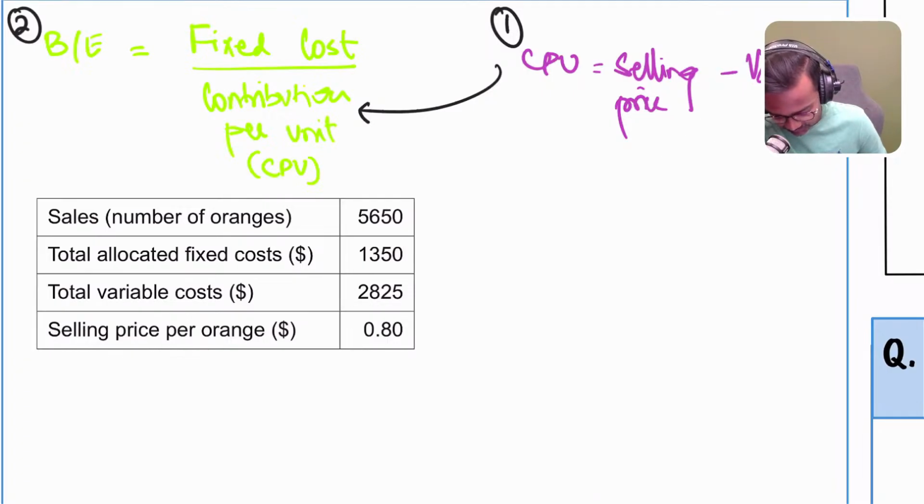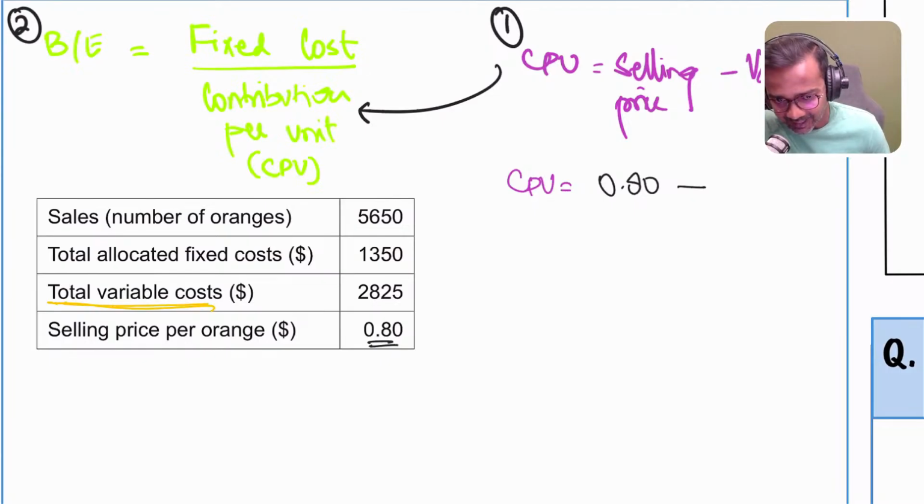So in order to calculate CPU, our selling price is given here, 0.80. But my variable cost, if you notice here, is total variable cost. I need per unit variable cost. So variable cost per unit, how would you calculate that?